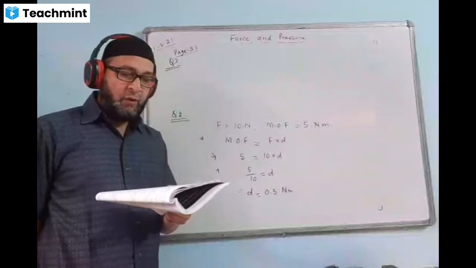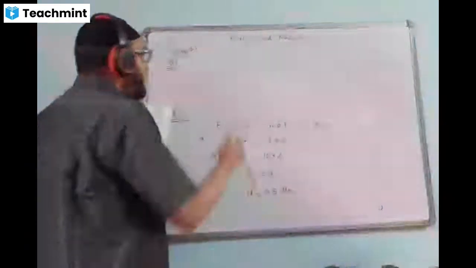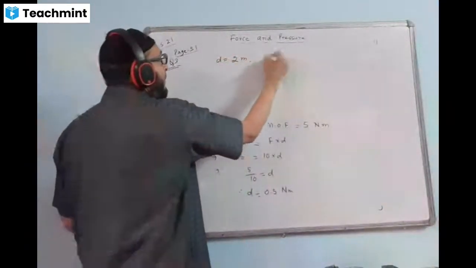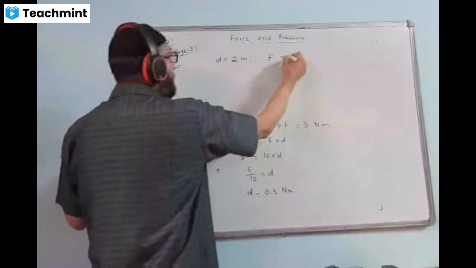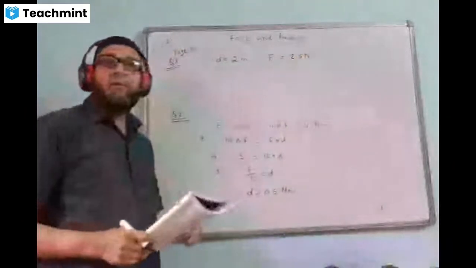Find the moment of force needed to open the door. This time distance is given, 2 meters, and force is given, 2.5 Newton. The question says minimum force.